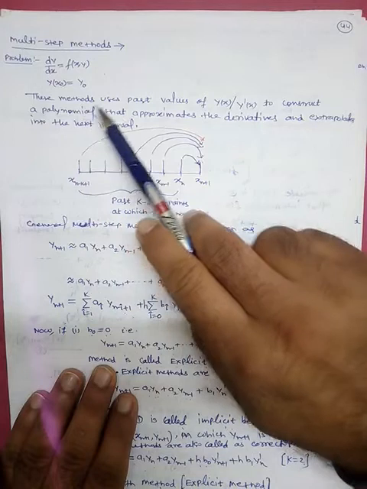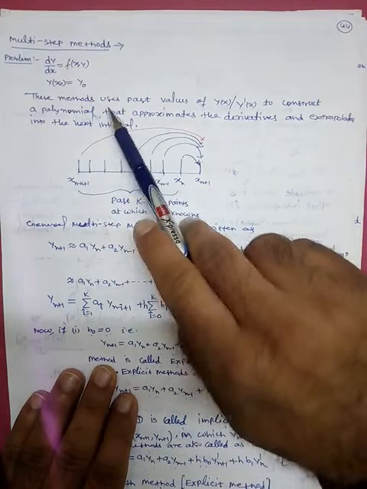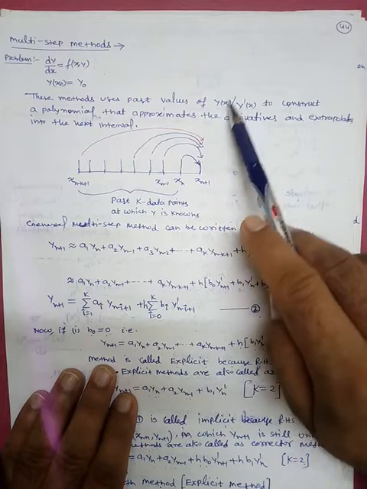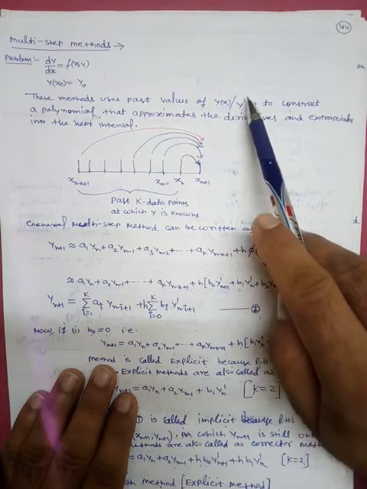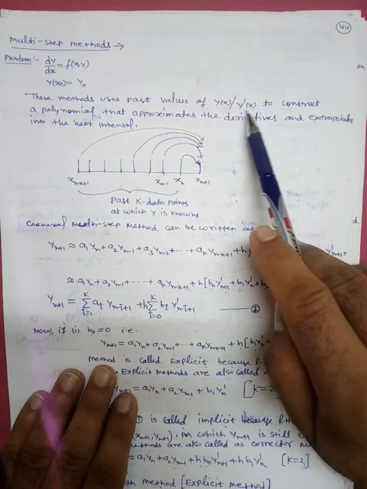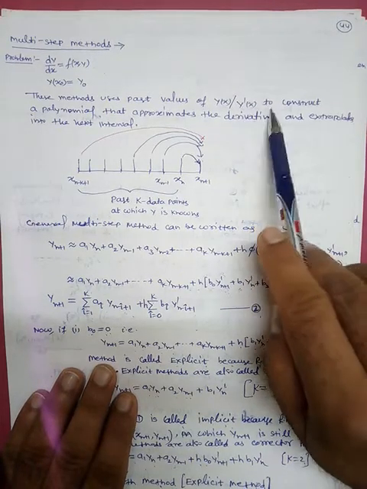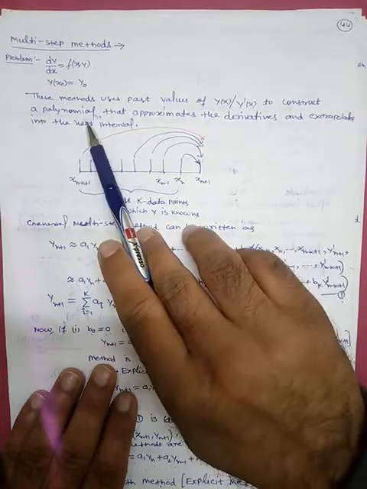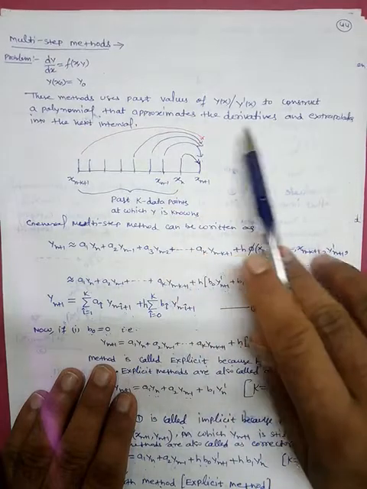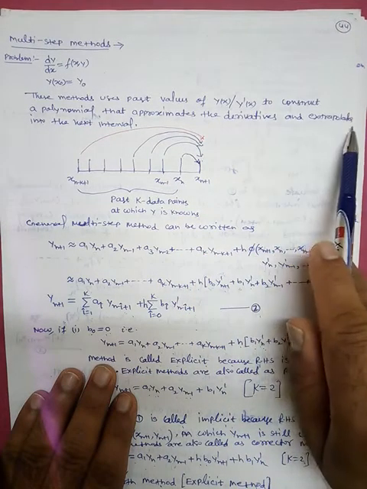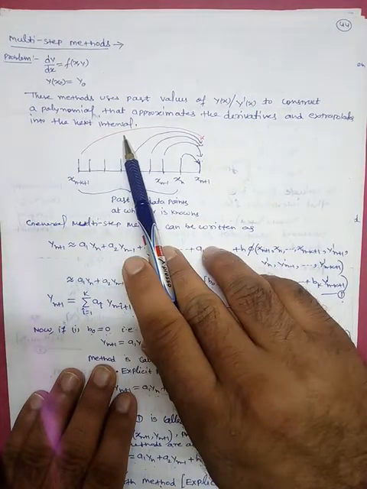These multi-step methods use past values of either y, x, or the derivative f of y, or both of them, to construct a polynomial that approximates the derivatives and extrapolates into the next interval.